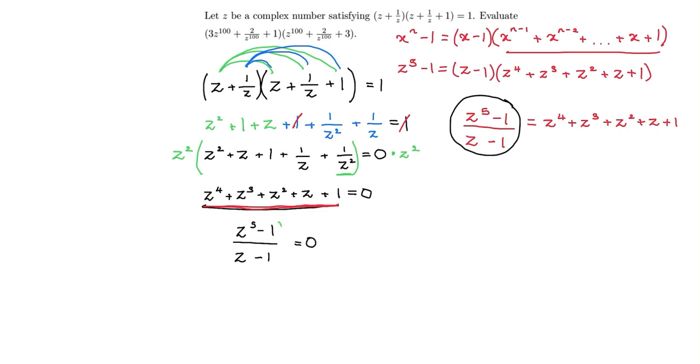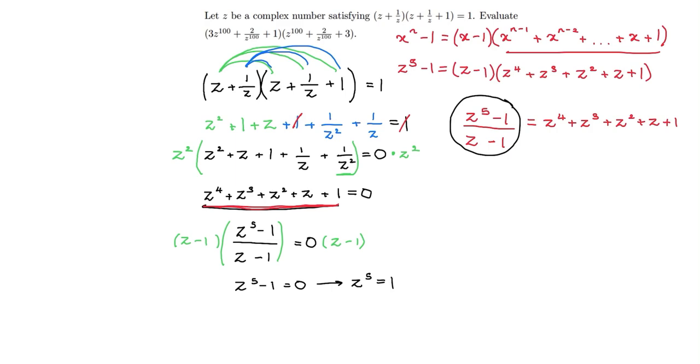If we multiply both sides of our equation by z minus 1, we get that z to the 5th minus 1 equals 0, and that z to the 5th equals 1.